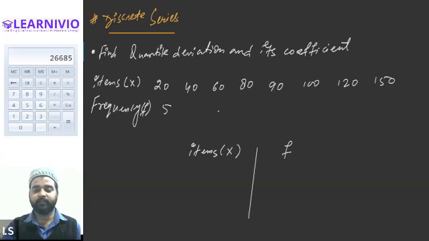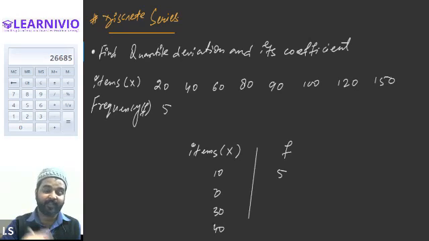Like if items are given like 10, 20, 30, 40. These are items, right? And along with these items, it is indicated how many times each particular item is repeating. So let's say 10 is being repeated 5 times. So I will write 5 in front of 10, instead of writing 10 five times.